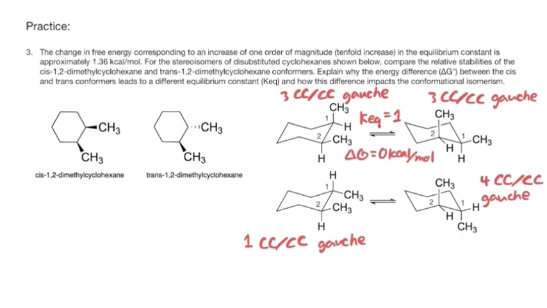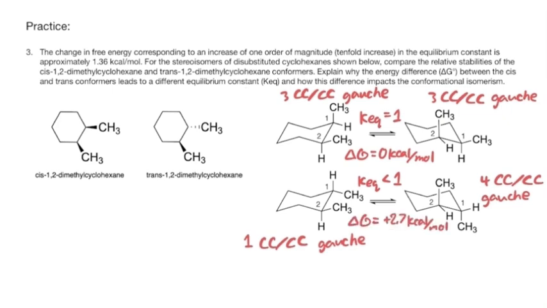As a result, we can conclude that the equilibrium constant K for this interconversion between the 2 chair conformations is less than 1. We can calculate the delta G for this reaction by multiplying the difference in the number of gauche interactions, 3, by the energy associated with each C-C-C-C gauche interaction, 0.9 kcal per mole, resulting in a value of plus 2.7 kcal per mole.